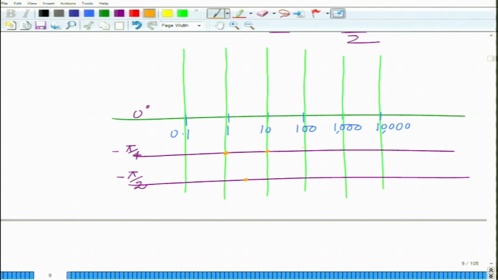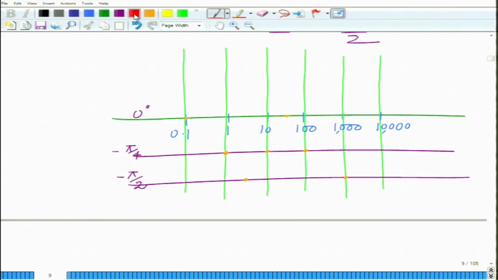Now, at omega equals 100, this is again minus pi by 4. Between 10 and 100, when omega is much greater than 10 and much smaller than 100, it becomes close to 0, and when omega is much greater than 100, it becomes minus pi by 2. So, this is how the plot looks. It starts from 0 when it is much less than 1.